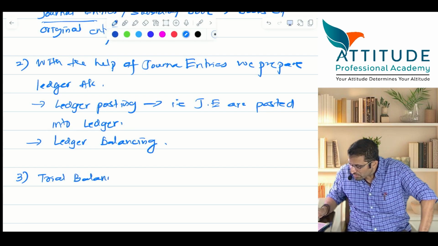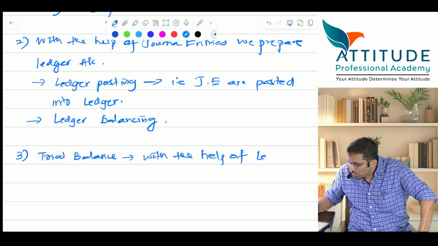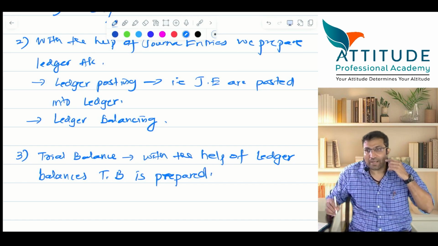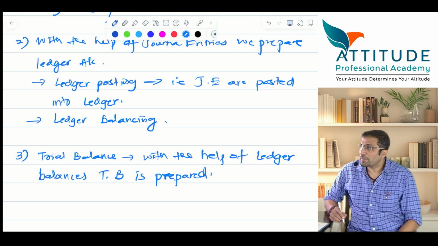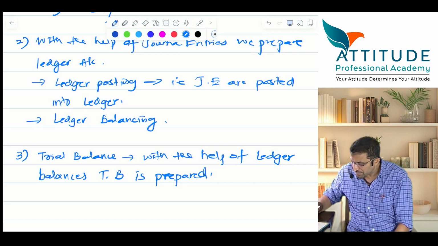With the help of ledger balances, the trial balance (TB) is prepared. All of you keep on taking it down. Please write.